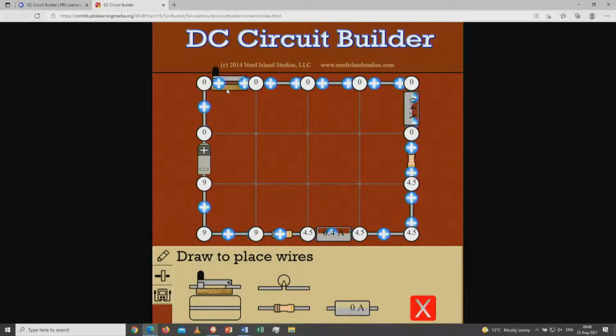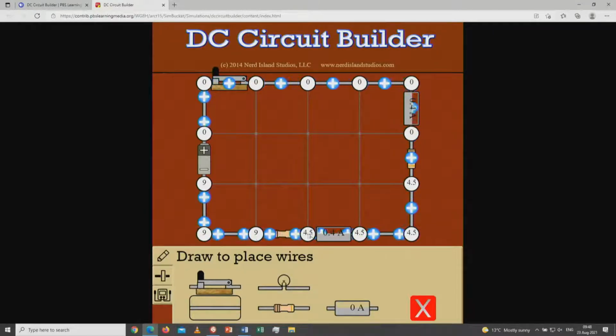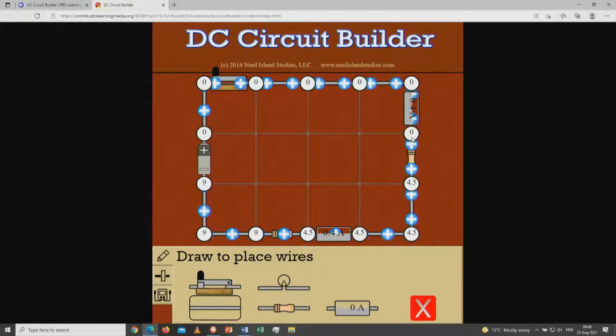And then when we close that circuit, you can record the voltage across this resistor, which is the potential difference across that resistor. Remember, we call it R1. You record the voltage across this resistor, R2, and your total voltage, that is the EMF or the voltage generated by the battery, will be this much.